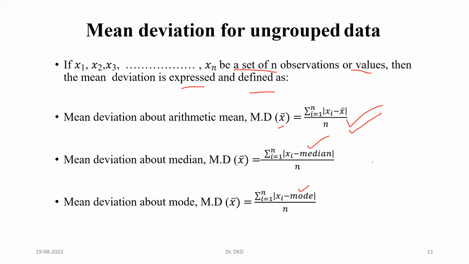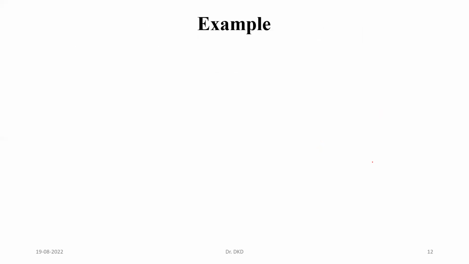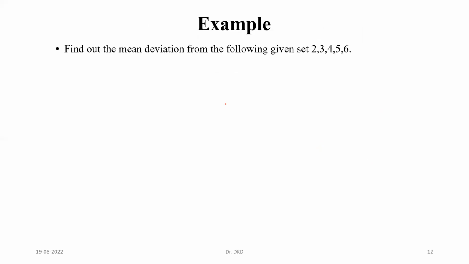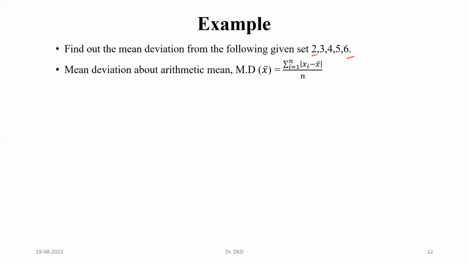Now we have one example to get more clarity on how to calculate it. Example: find the mean deviation of the following set: 2, 3, 4, 5, 6. Five observations are given, and we need to calculate the mean deviation. Once the data is given, the first step is to write the formula.